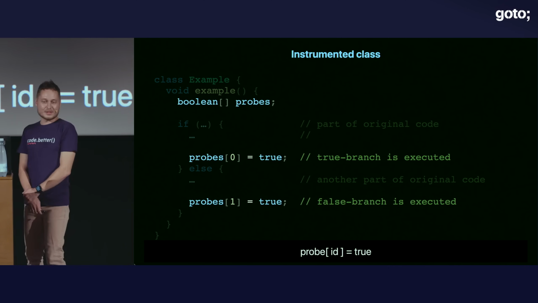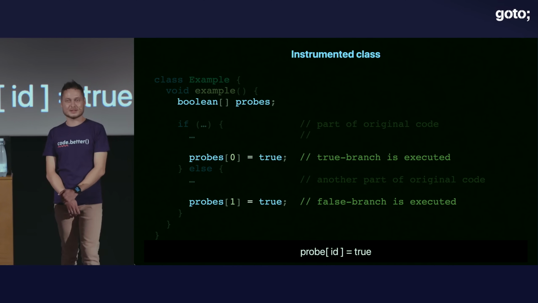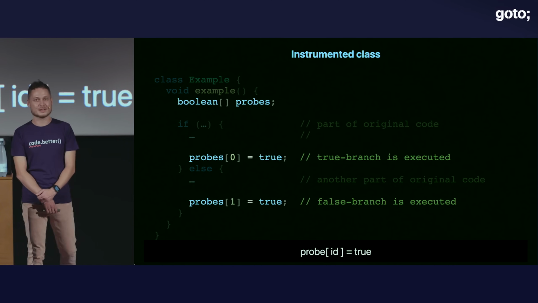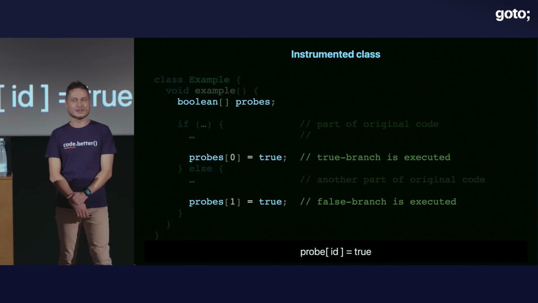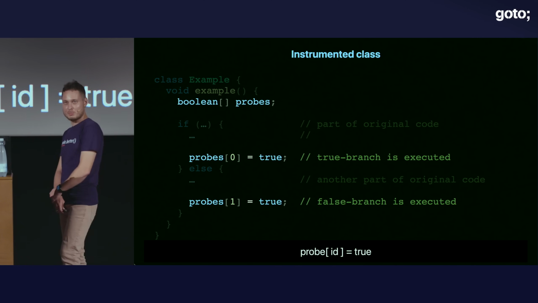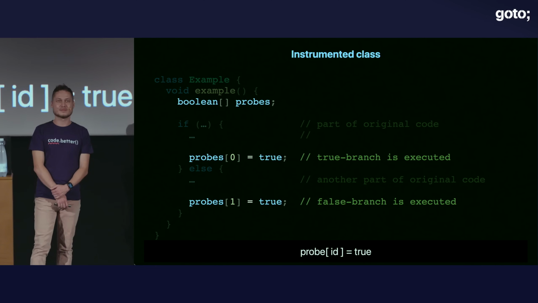Turns out that it's not that hard to satisfy those requirements. There is a very simple basic construction in Java which satisfies all those requirements. Well, almost all, but that's probably a story for another talk. So we can use a Boolean array. And the Boolean array has storage.